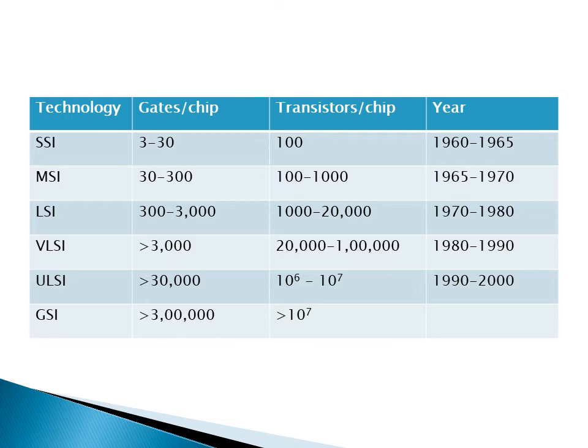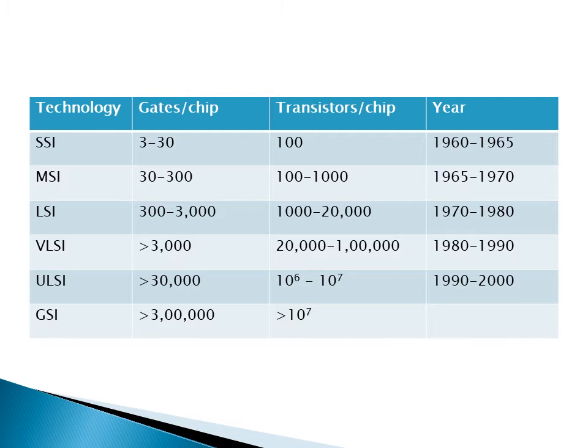And then years passed by. After 5 years, during the period 1965 to 1970, we have medium scale integration technology, where we have 30 to 300 gates per chip or 100 to 1000 transistors per chip, which is a 10 times increase in the number of gates or transistors. Then we have large scale integration technology.